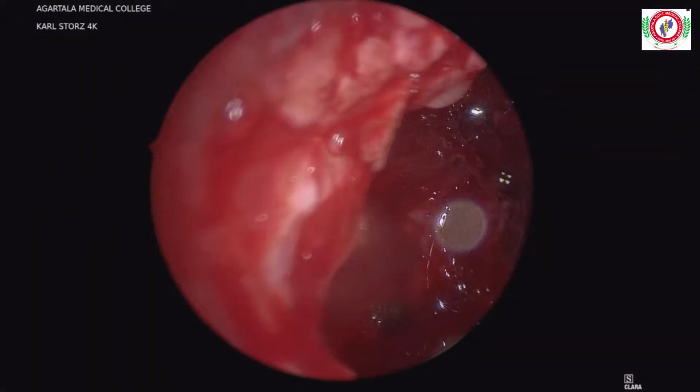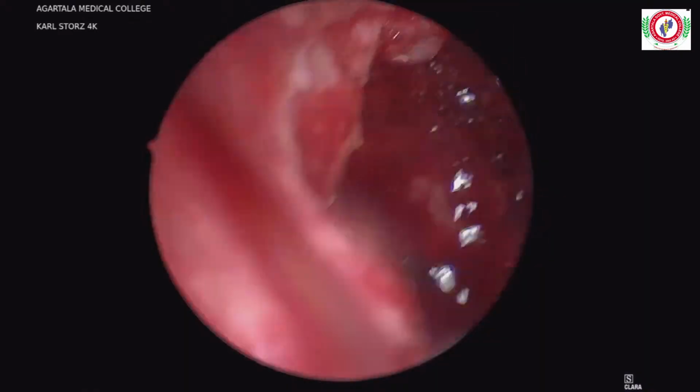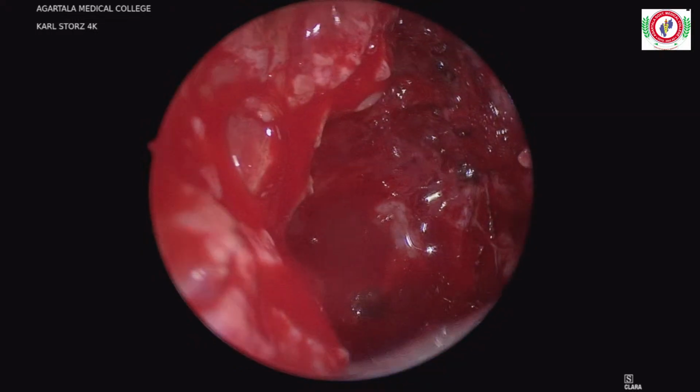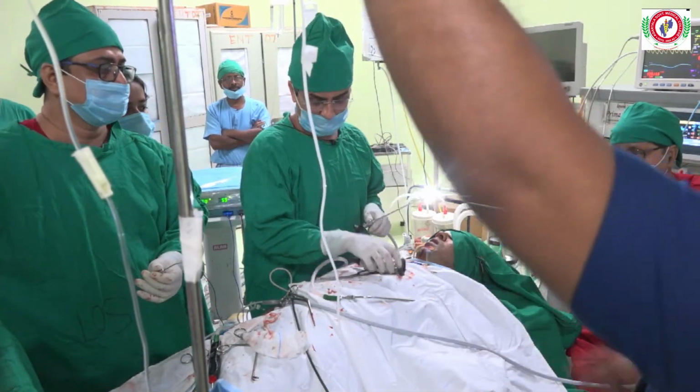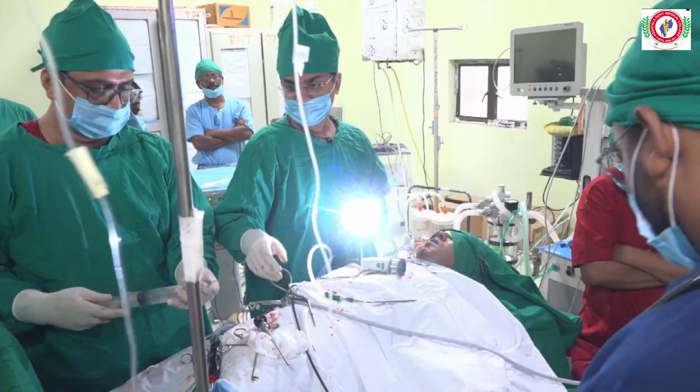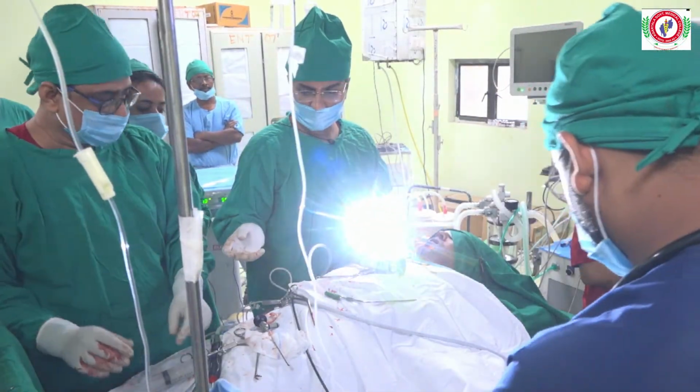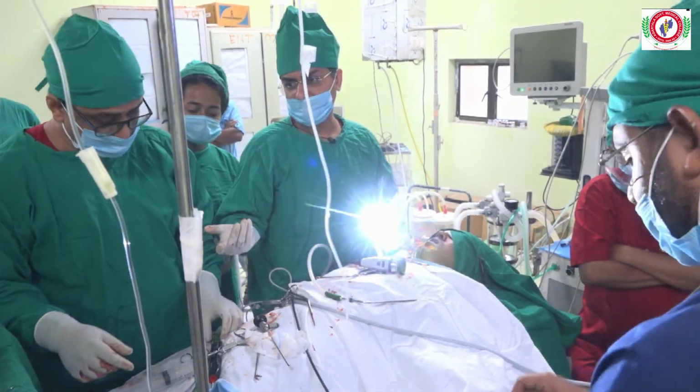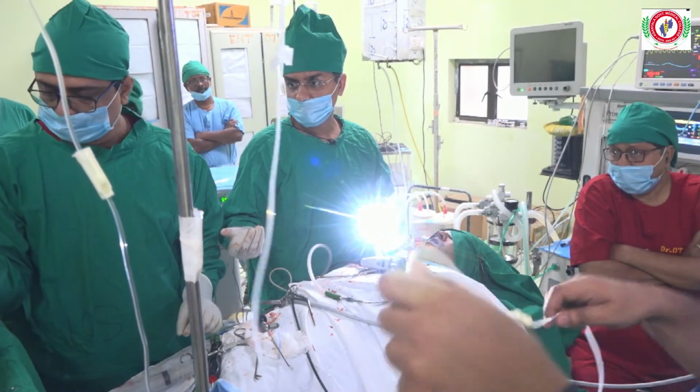I don't think we need to scrape it. I'll not like to traumatize the mucosa. Okay, all right.